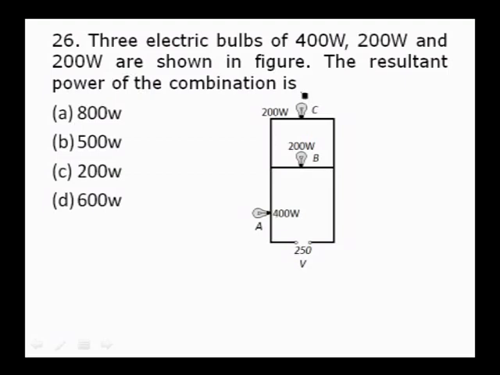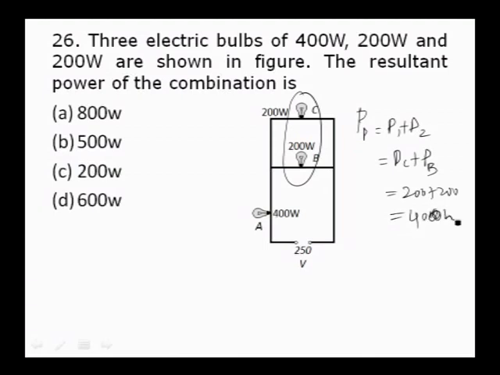For parallel combination, we have power in parallel is equal to P1 plus P2. For this particular problem, PC plus PB. So this is 200 plus 200, which is equal to 400 watt.